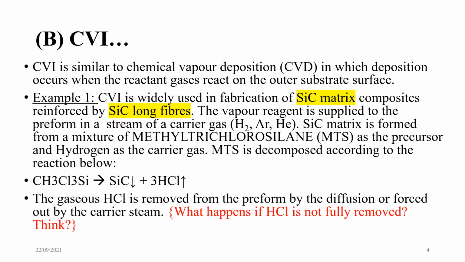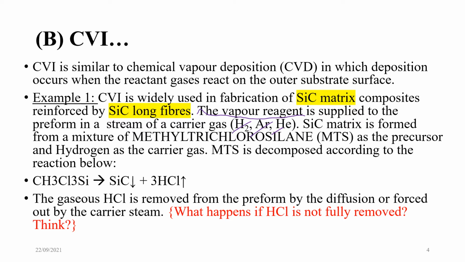surface. Okay. So for example, CVI is widely used in fabrication of silicon carbide matrix composites reinforced by silicon carbide long fibers. The vapor reagent is supplied to the preform in a stream of a carrier gas, which could be hydrogen, argon or helium.